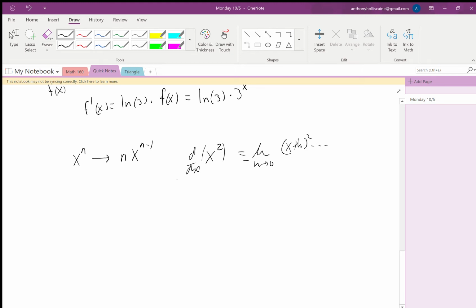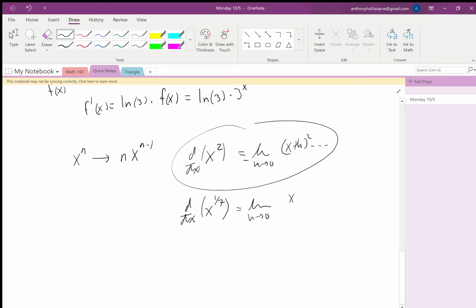We could do this, but what was a lot harder is if I had to do the derivative of x to the, say, 1/7. Now this is the limit as h goes to 0 of (x plus h) to the 1/7 power minus x to the 1/7 power over h.